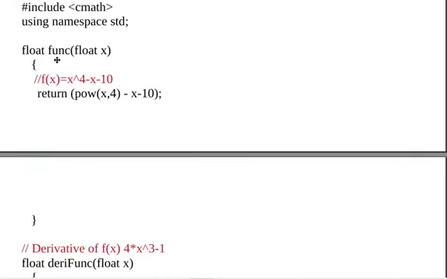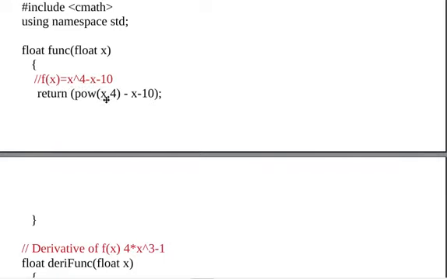The first function, func, is used to calculate f of x. Here we have taken f of x as x raised to 4 minus x minus 10. This function returns the value of f of x, putting in each x value and giving the result.